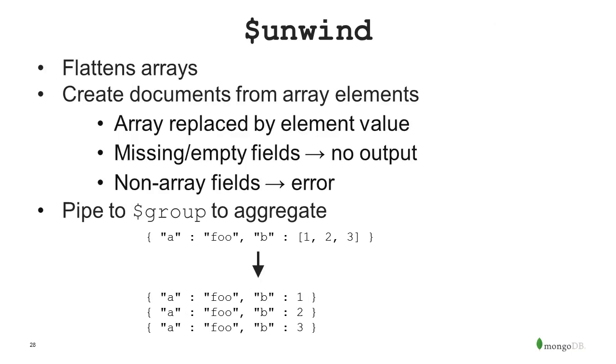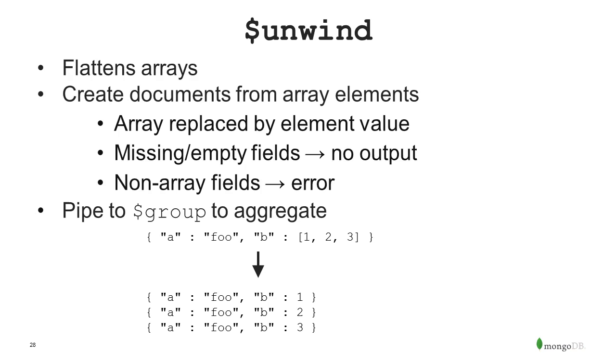Let's go to this slide here real quick and look at an example. If I have a document like this, so A is foo, B is an array 1, 2, 3, and I did $unwind on B here, I would get 3 different documents, one for each different value occurring in the array B.